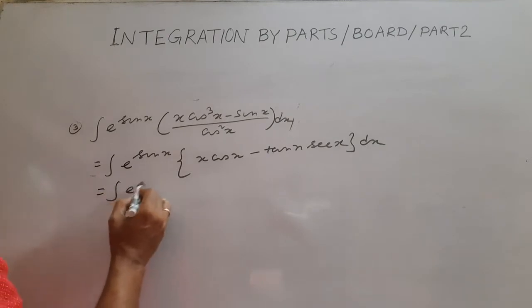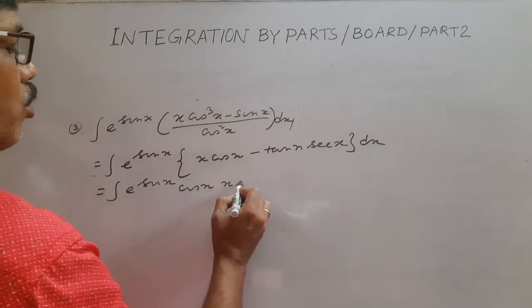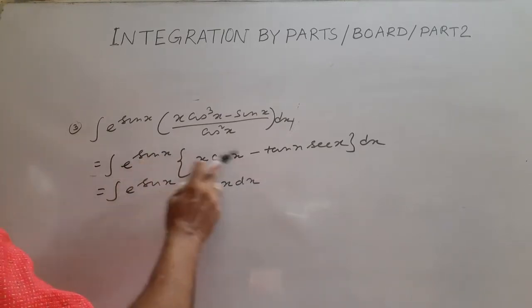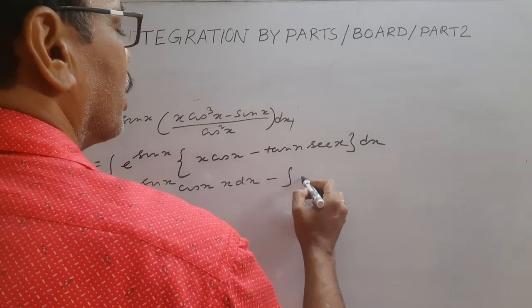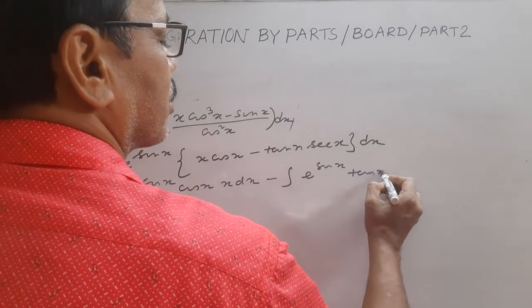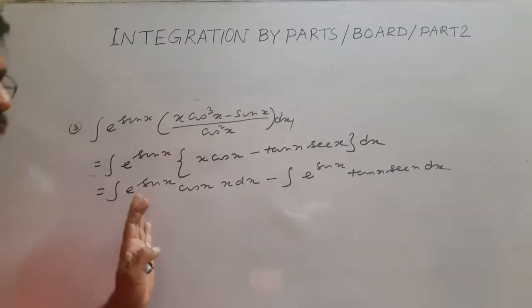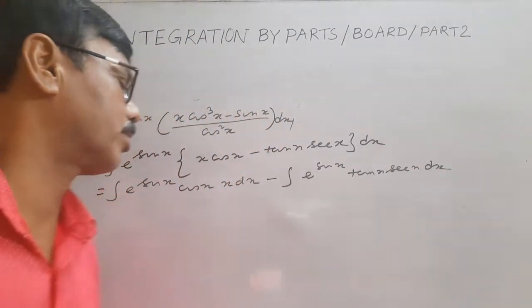Now e to the power sin x into cos x into x dx, minus e to the power sin x into tan x sec x dx. So we can divide it into two parts.